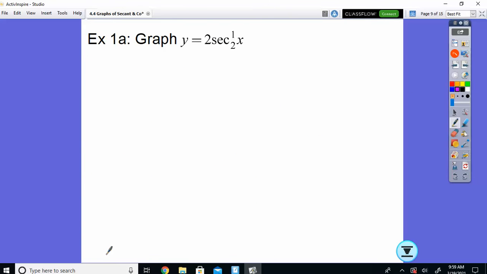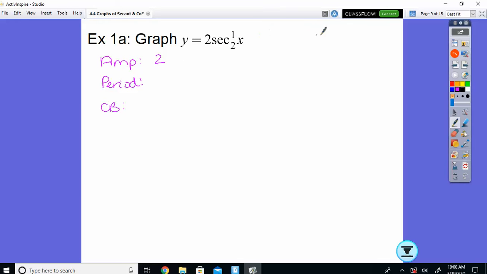So, here is our first example. Same questions as always. Amplitude, period, count by, and so forth. So, what is my amplitude? 2. Period. We're back.